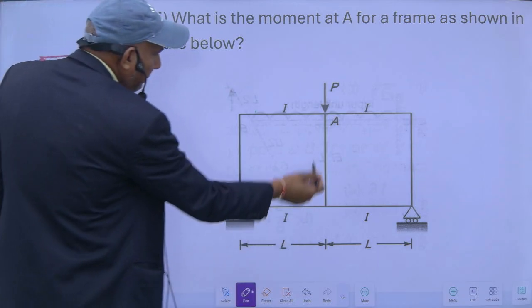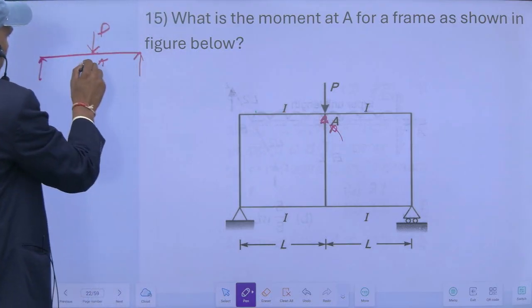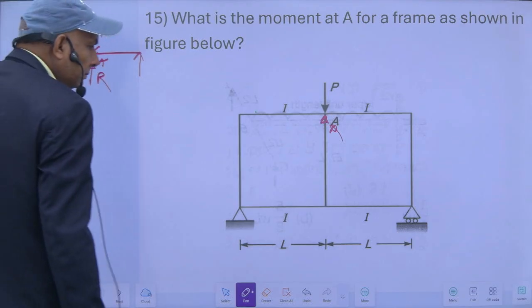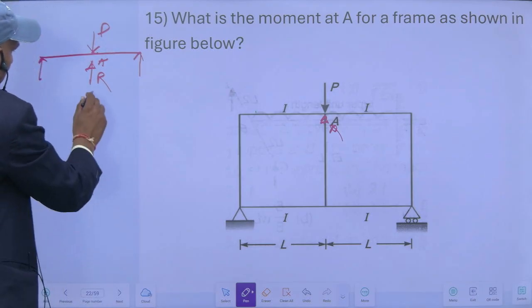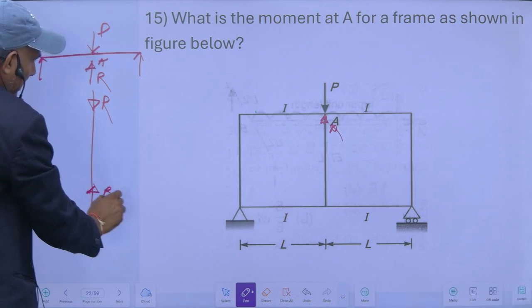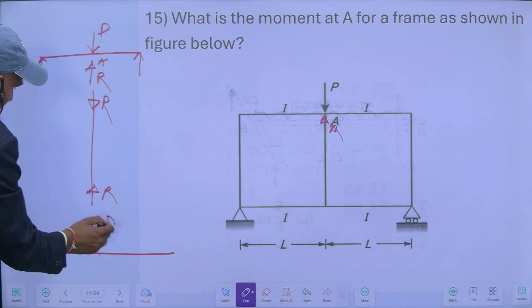This member will provide some reaction at this point. Suppose this is R, and this will be like this, a compressive force, and for this beam it will be like this.